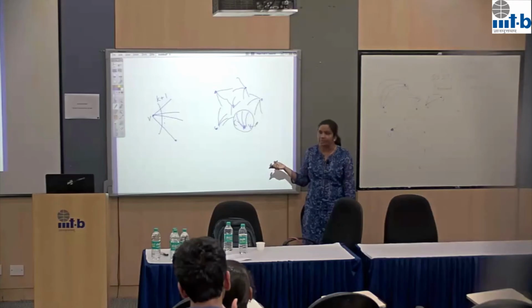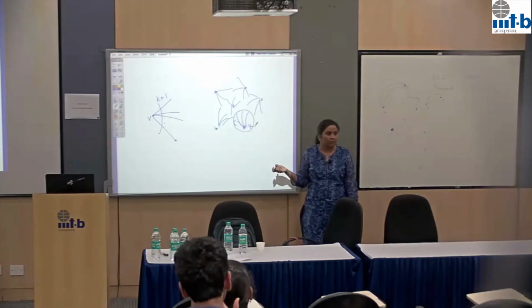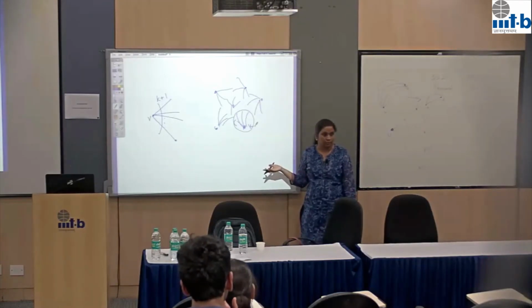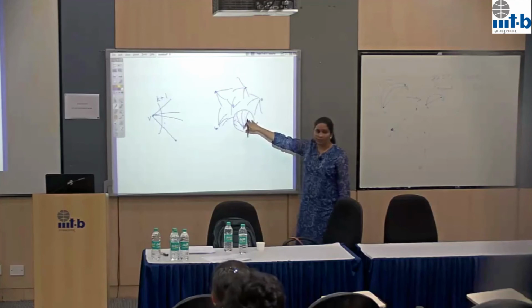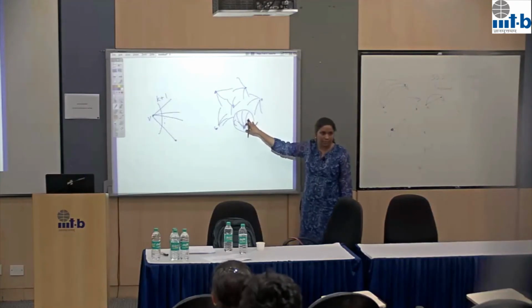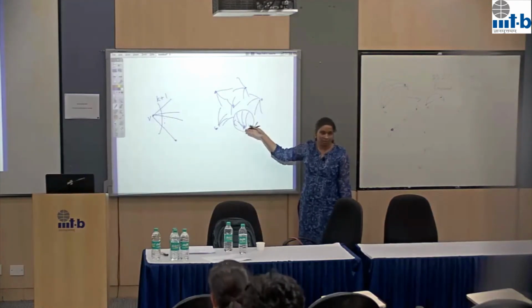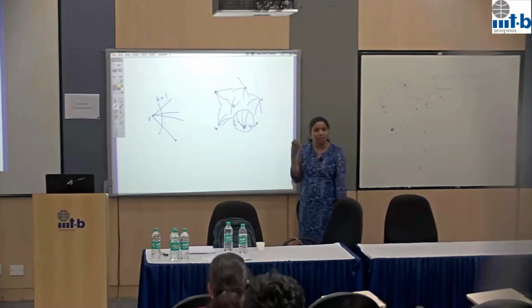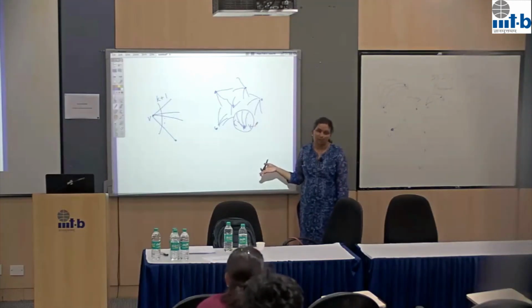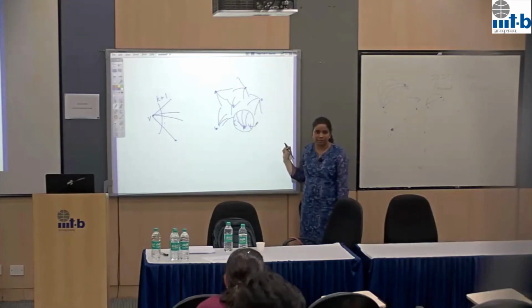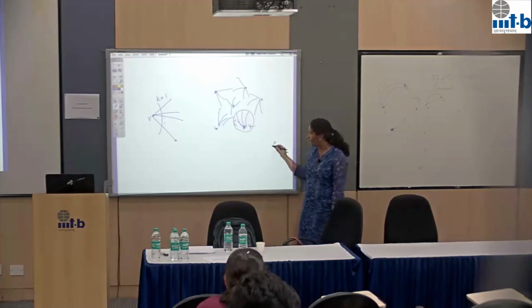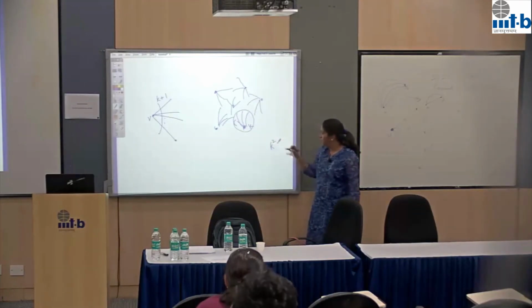How many edges are there? K square, right? Every vertex can cover at most k edges, and all the edges are covered. That means there are at most k square edges. So the reduced instance has only k square edges.